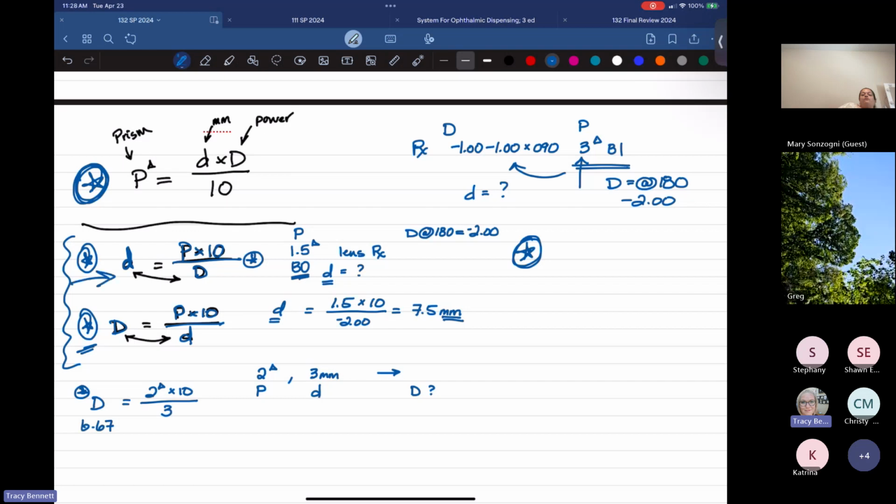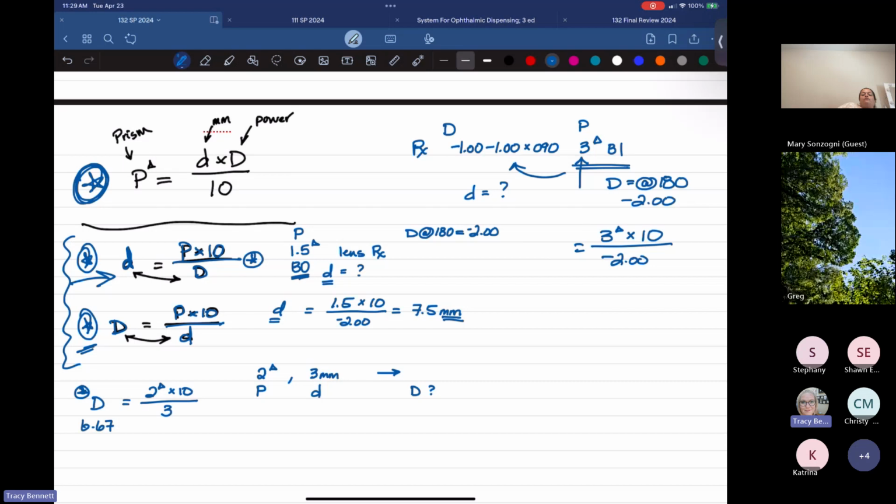So I would say, okay, I need 3 diopters of base in prism, P times 10 divided by, and I have a 2 diopter lens. I'm just keeping these numbers as real as possible so that you know where they go and where they came from.